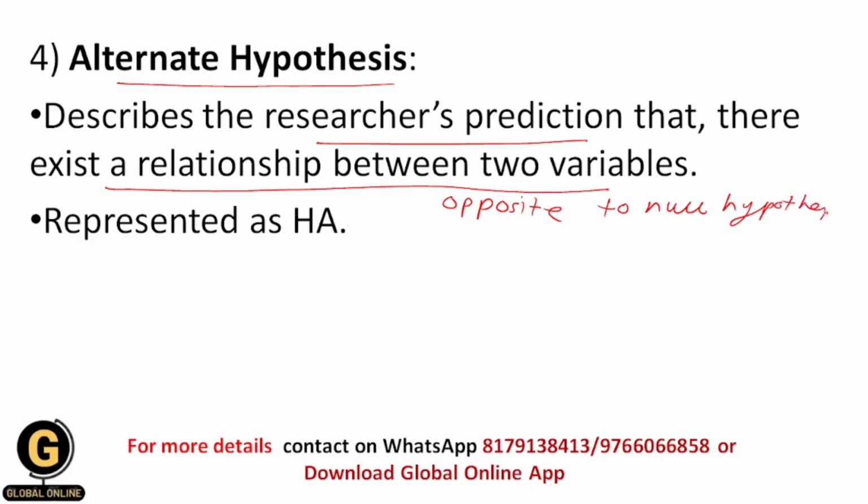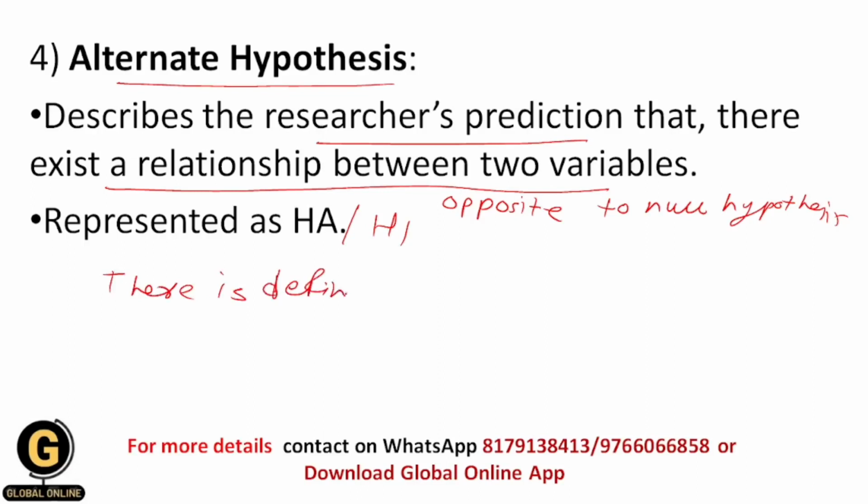And it is represented as HA or H1. For example, let us see the previous example as well. There is a definite relationship between family's income and expenditure on recreation.